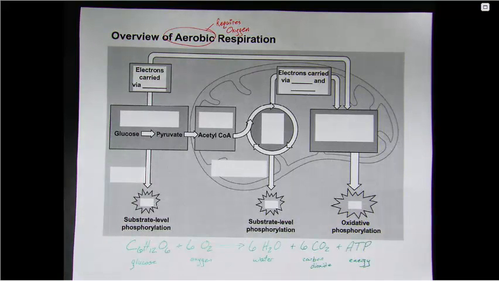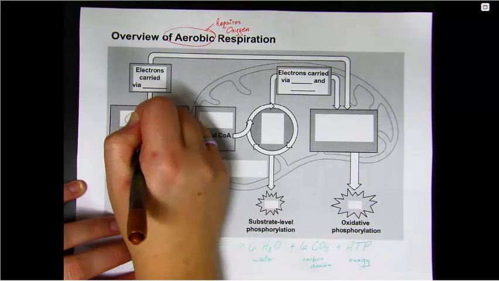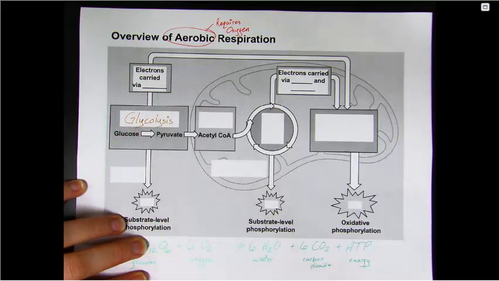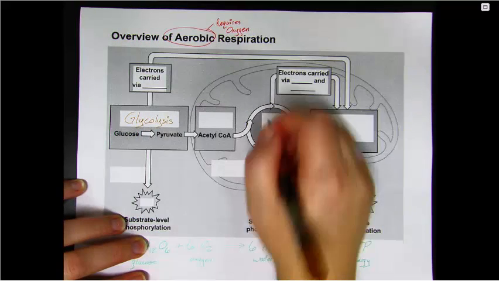Now, the process of cellular respiration is a multi-step process, and our first step in that process is glycolysis. The second main step is the Krebs cycle.